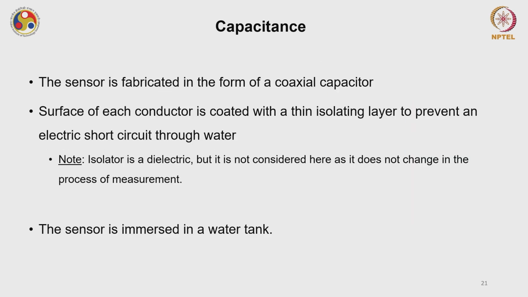The surface of each conductor is coated with a thin insulating layer to prevent any electronic short circuit in the water. Please note that the insulator is a dielectric, but it is not considered here as it does not change the process of the measurement.